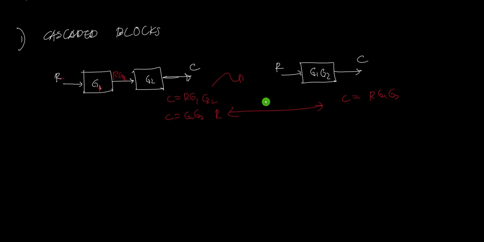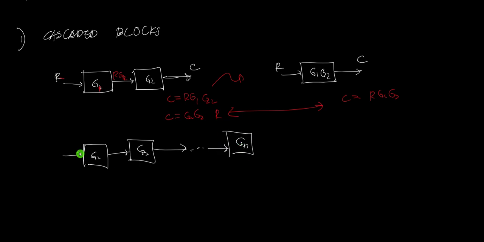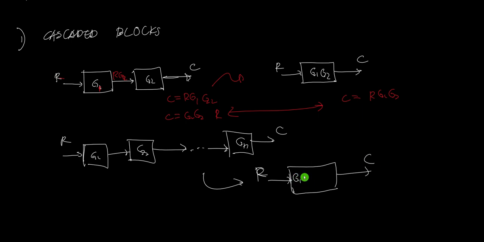So in general, if you have more than two cascaded blocks, if this is G1, then we have another block G2, then another block, dot dot dot, up to, let's say, Gn, and then you have an input R and an output C. The simplification of this into just one block with the input R and output C is just equal to G1 times G2 times G3 dot dot dot until Gn.